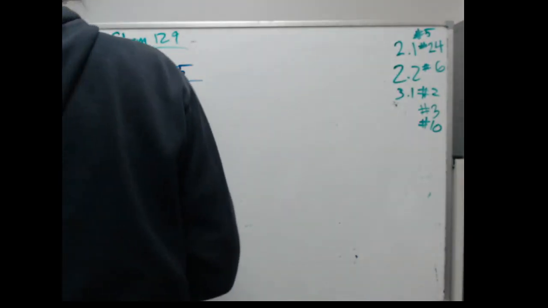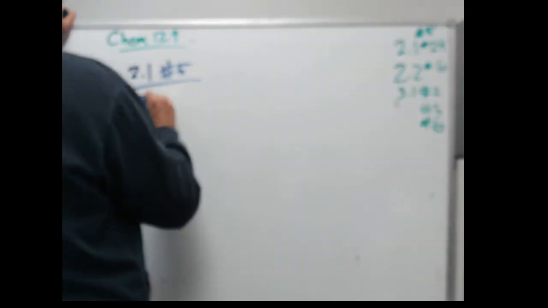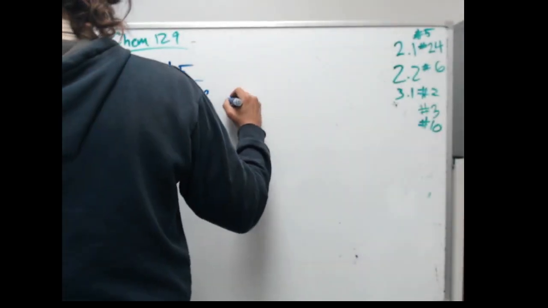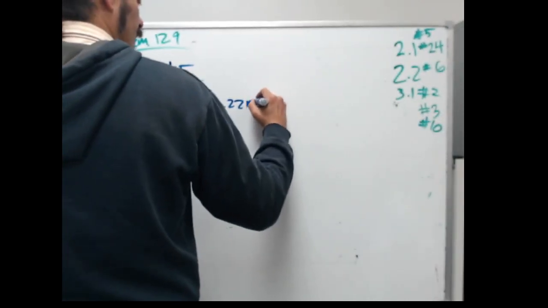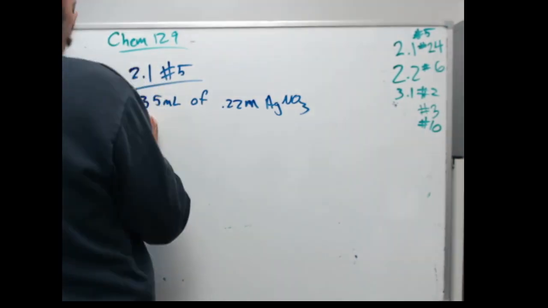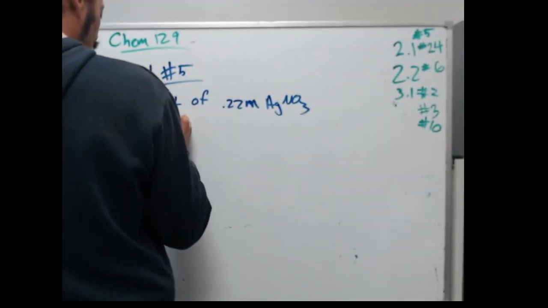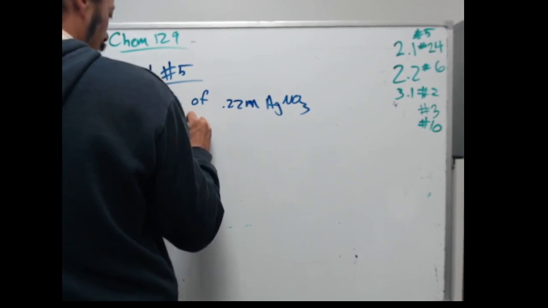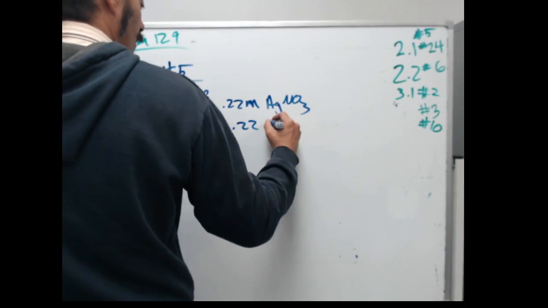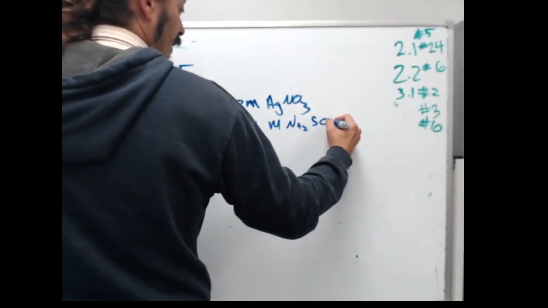Consider a solution that's made from mixing 35 milliliters of 0.22 molar AgNO3 with 83 milliliters of 0.22 molar Na2SO4.